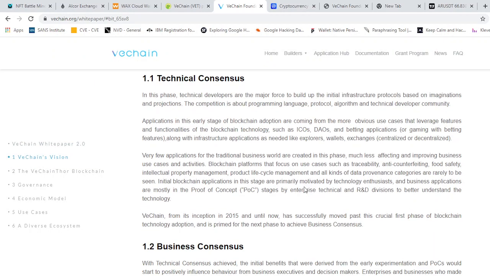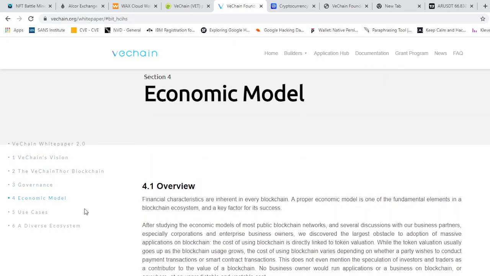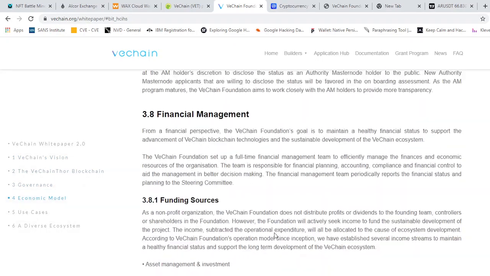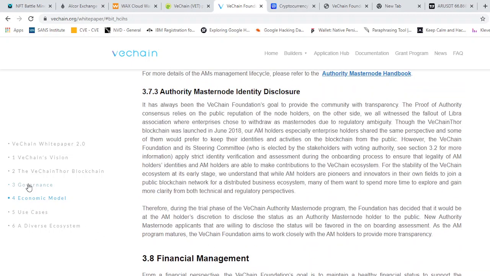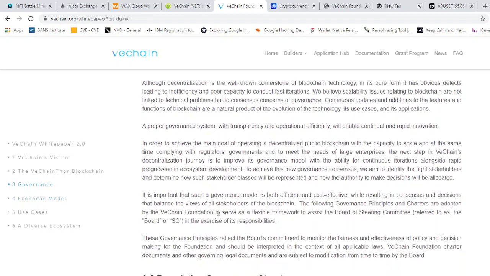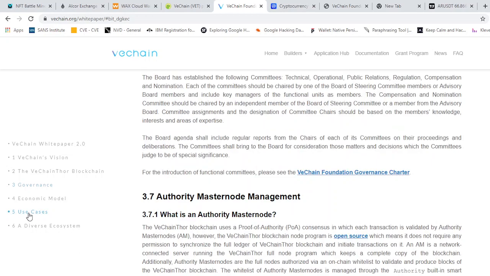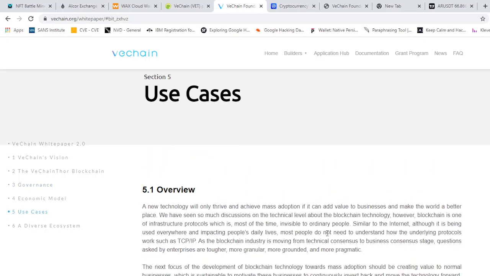And you see here on the left hand side, it says VChain White Paper 2.0. It shows their vision, their governance, their economic model, which is their tokenomics, how their governing structure works, and their use cases right here.